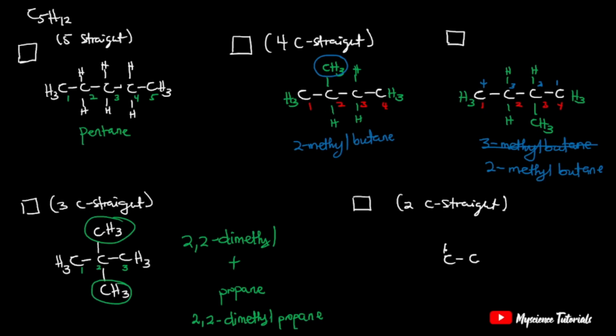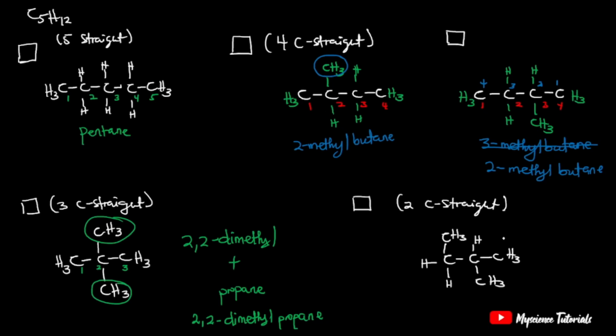So if I add 1 here and I decide to add the remaining 2 over here, and I add the hydrogens. This is 1, 2, so 3 and 4, and so this is 3, 4, 5, 6.